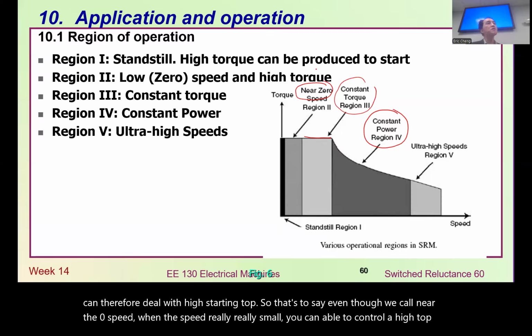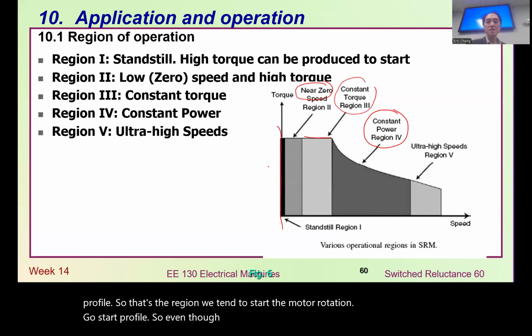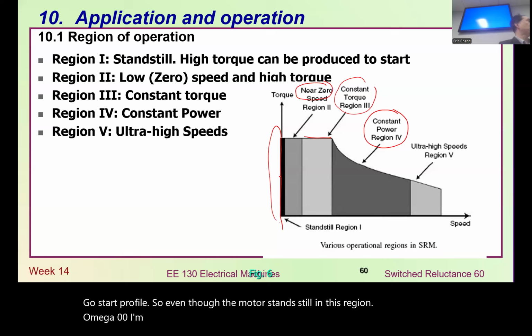That's the region where we tend to start the motor rotation at a really low speed. Even though the motor stands still in this region, with omega equal to zero, according to the torque equation, you can still generate high torque. So that's quite special.